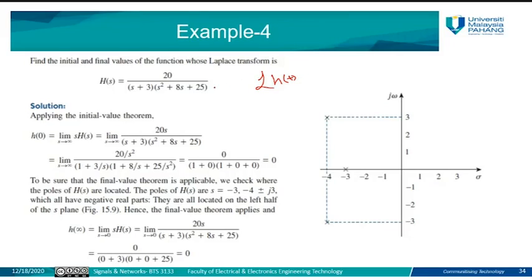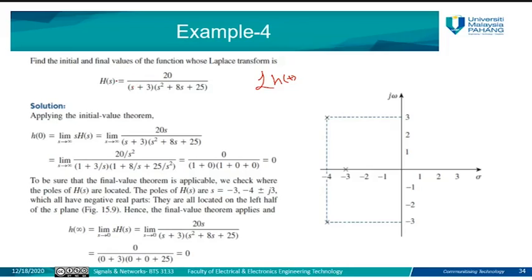I don't know what the function ht is here, but if I want to know the value of ht, I need to find the Laplace inverse for this function. Later we are going to learn how to find ht from hs, or gt from gs, or yt from ys, and so on. We call this Laplace inverse.